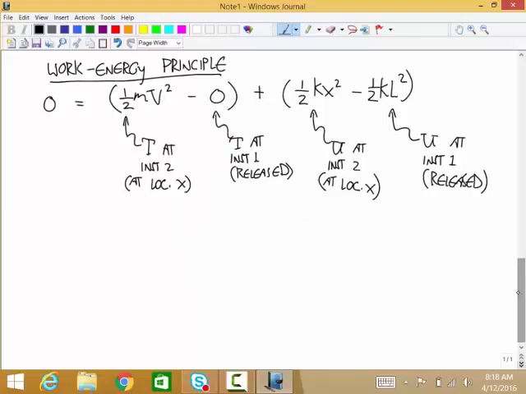So now we just have to solve this. We can divide, cancel all the 1/2. And we get mv squared is equal to kl squared minus kx squared. Then divide both sides by m.